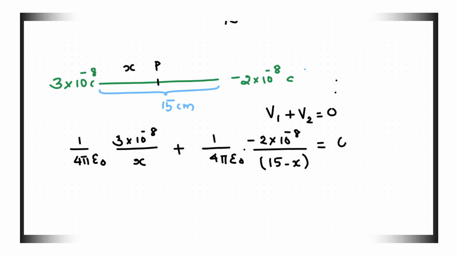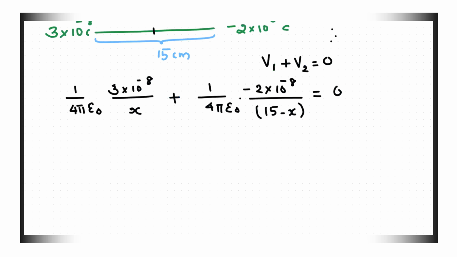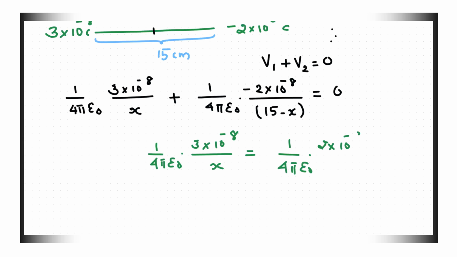If two quantities when added go to 0, you can bring one to the other side. So this becomes 1 by 4 pi epsilon 0 3 into 10 raised to minus 8 by x is equal to 1 by 4 pi epsilon 0 plus 2 into 10 raised to minus 8 divided by 15 minus x. As usual, cancel 1 by 4 pi epsilon 0 and 10 raised to minus 8.